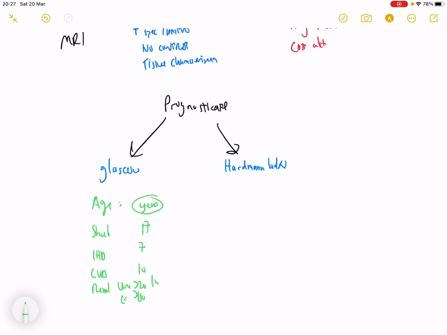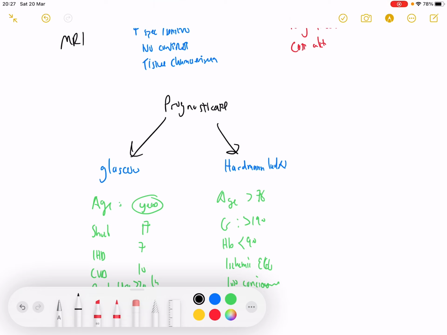The Hardman index is an age greater than 76, creatinine greater than 190, a hemoglobin of less than 90, an ischemic ECG, and whether or not they lost consciousness. There's other ways you could prognosticate.